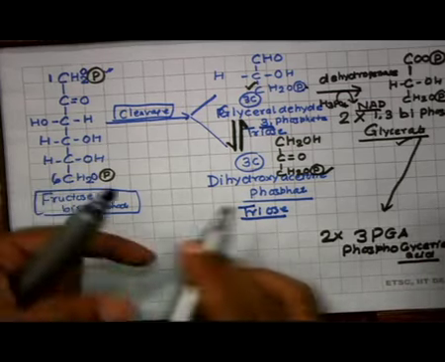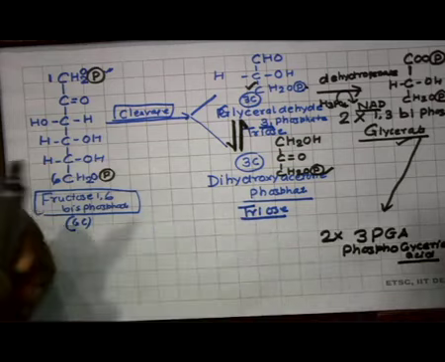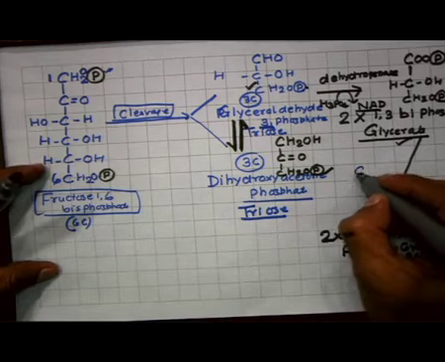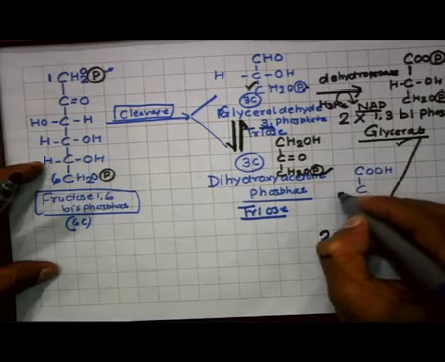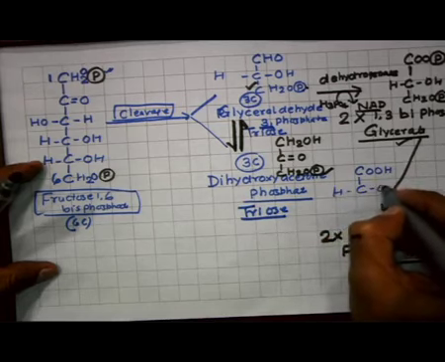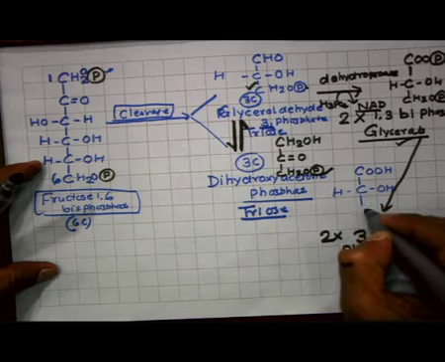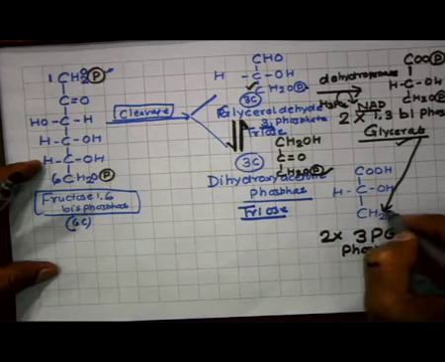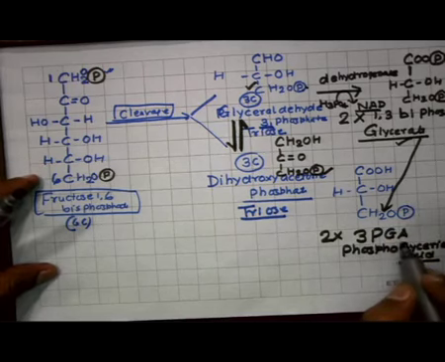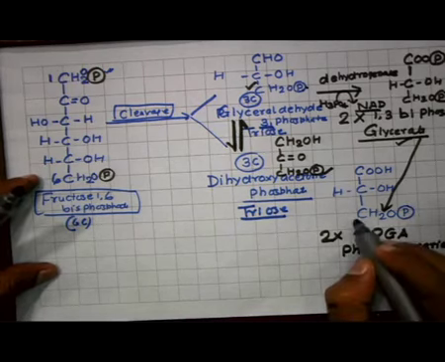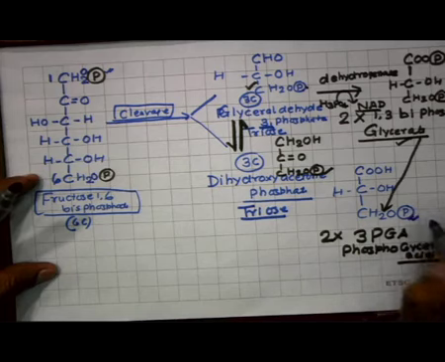This PGA, 3 phosphoglyceric acid, we can write as COOH, CHOH, CH2OP. In 3 phosphoglyceric acid, at the third carbon a phosphate group is there.